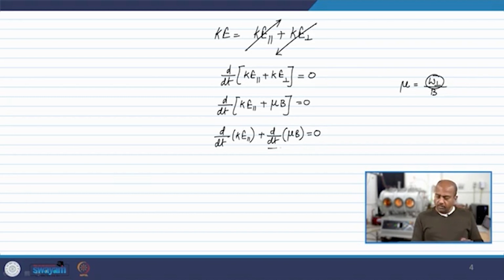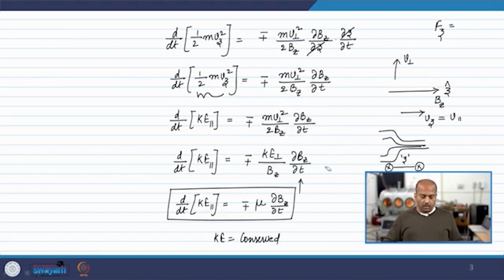So d by dt of mu B is mu times dB by dt plus B times d mu by dt. So, this is of course 0, right. So we can straight away write this as d by dt of KE parallel plus d by dt of mu B is equal to 0.